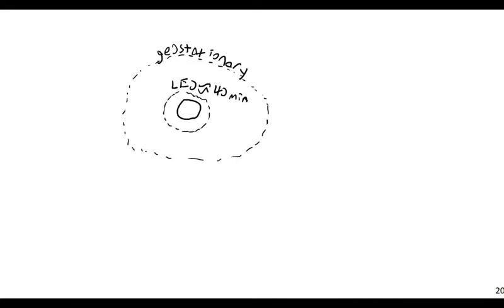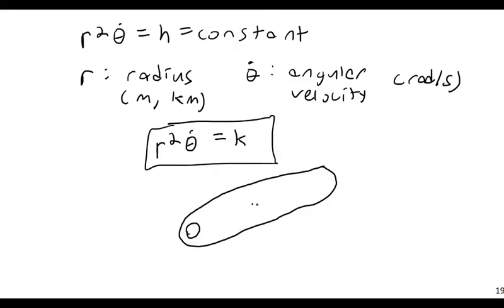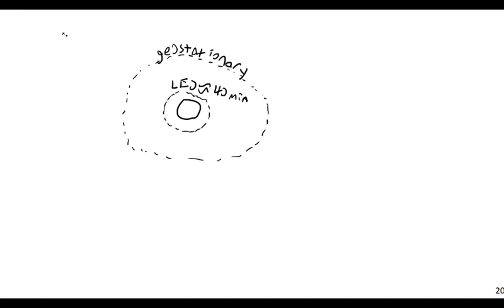Well, the answer is no, because it's in geostationary orbit. The whole idea of geostationary orbit is that they are at one particular elevation, at one particular height. Remember, we said that r squared theta dot is equal to a constant. R squared theta dot is constant for an orbit.